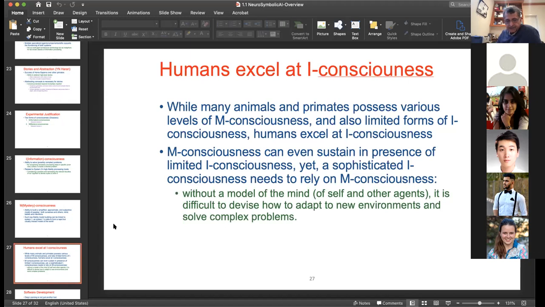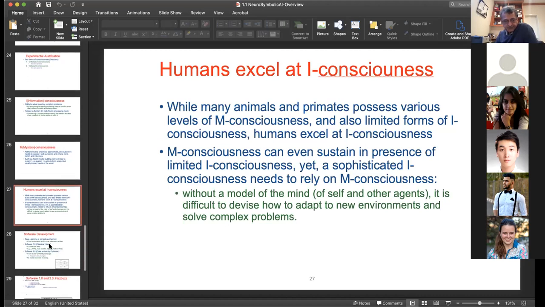Even without much I consciousness, M consciousness may be enough. But sophisticated I consciousness needs M consciousness. Without a model of the mind, it's difficult to devise how to adapt to new environments and solve complex problems.